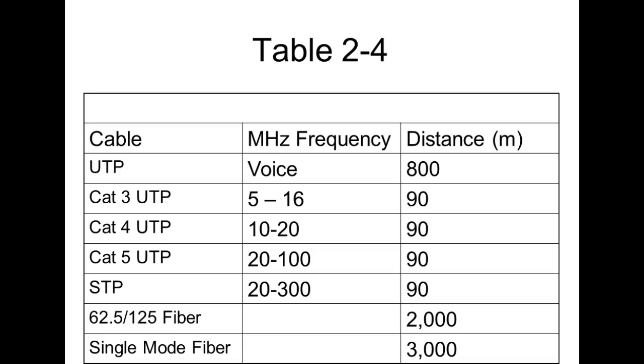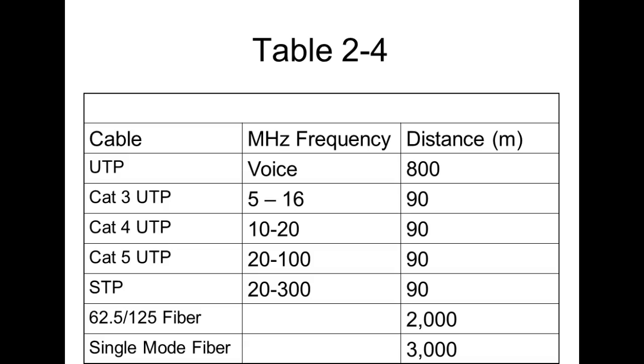But when we get into running at the higher speeds, originally we ran Cat 3 cable at 10 megahertz, and since it's rated at 16, we ran it at 100 meters, which is up to 330 feet without going through something like a hub or a repeater.